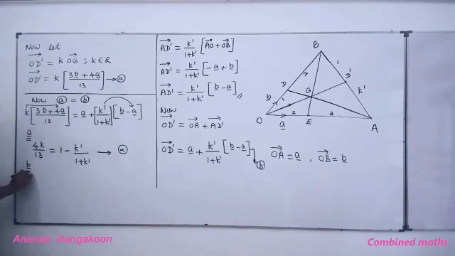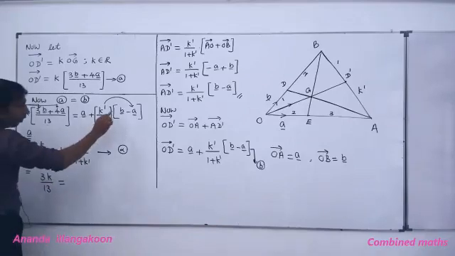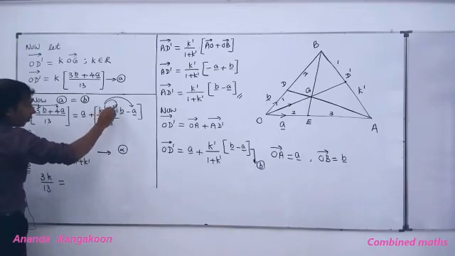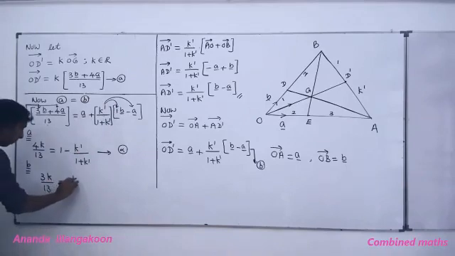Equating the coefficient of B on the left and right. K we have to multiply this, 3K divided by 13 B. The coefficient of B is 3K by 13, equals, on the right hand side, the coefficient of B, here we have 1, K' divided by 1 plus K' into 1, K' divided by 1 plus K'.